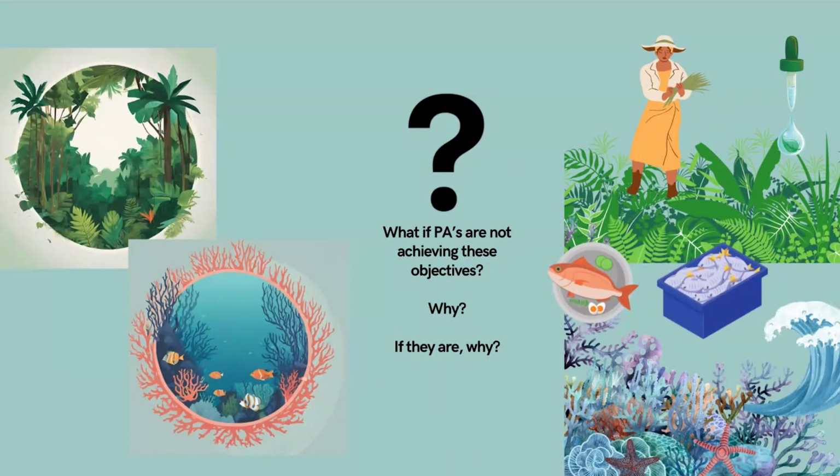So let's explore some of the most important ones, and you guys covered most of them in your exercise you just did. But what are those important components or conditions that we believe must be in place to enable our protected area to achieve those objectives?